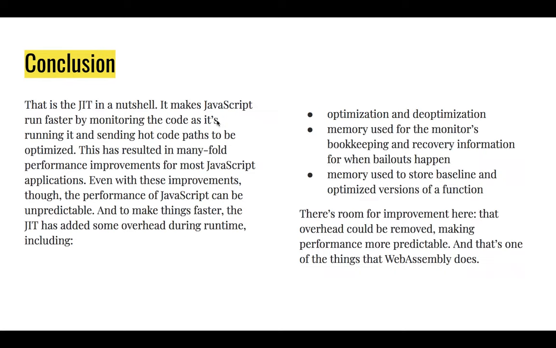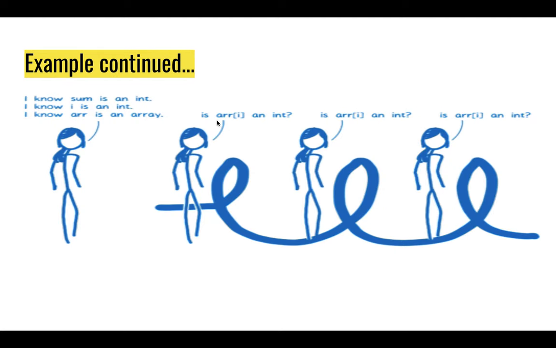So at each step, I need to make sure that ARR I is an integer, and if it is, then it's good. I have a compiled, optimized version of the code with these assumptions in mind, asking these questions throughout the loop.